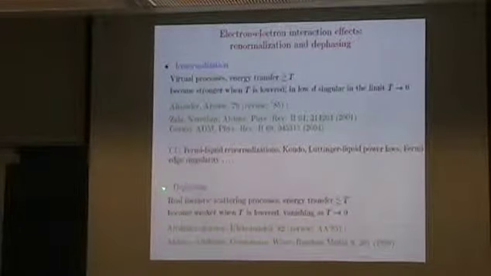And then there are processes related to real inelastic scattering, which are determined by energy transfer smaller than temperature, and they of course become stronger when temperature is higher and vanish at zero temperature. The first will be included in the RG, whereas the second will essentially determine where we stop the RG.